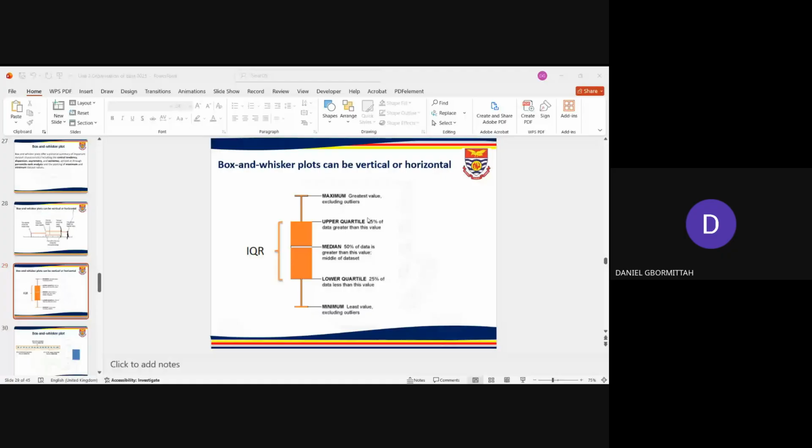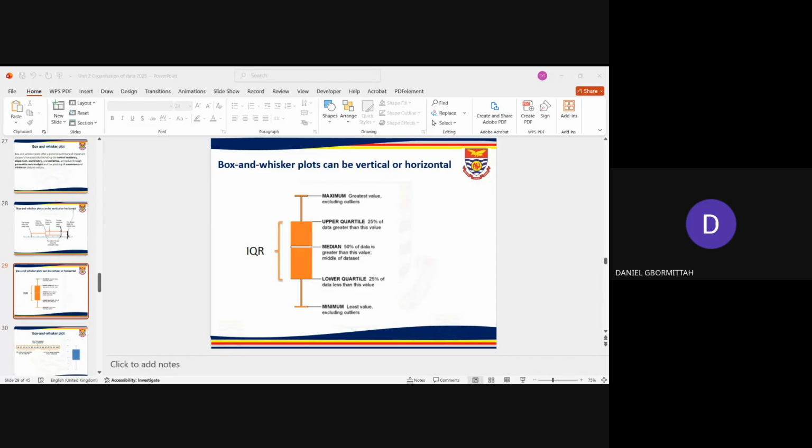Now let's pay attention to the interpretation, since we know the percentages that we can ascribe to the various patterns. So if we say that the first quartile is 25%, what does it mean?